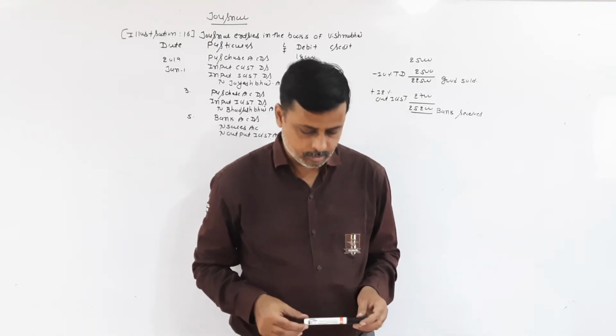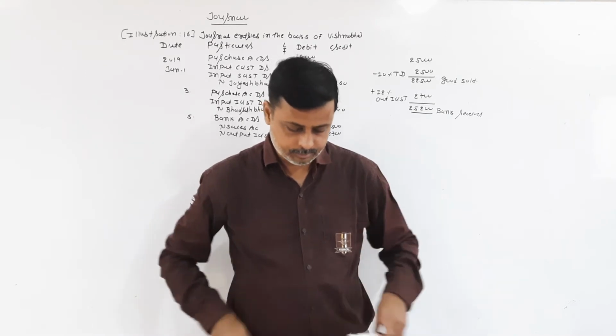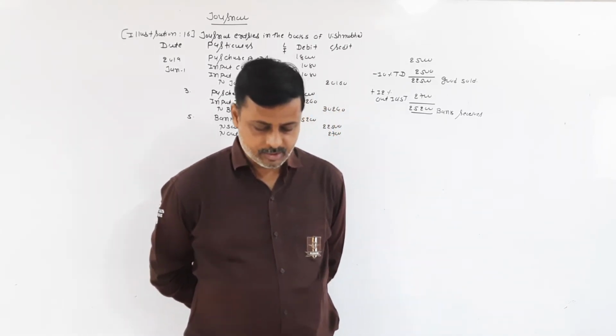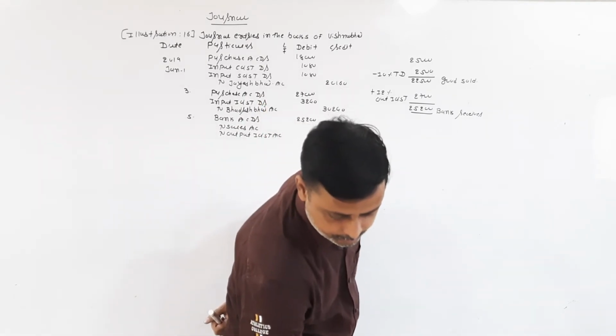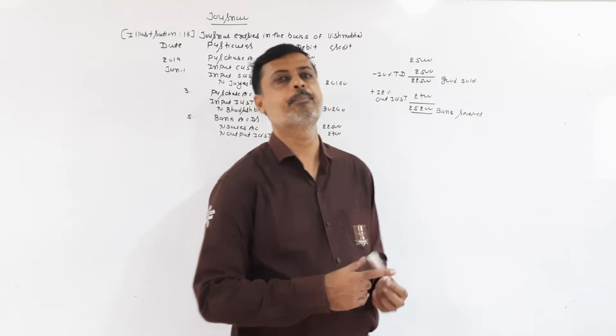Now 8 number. Goods of 40,000 sold at 10% trade discount, 5% cash discount, on credit to Anil Bhai of Amreli.